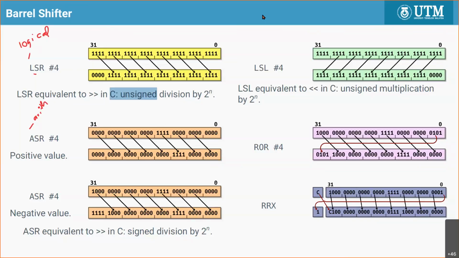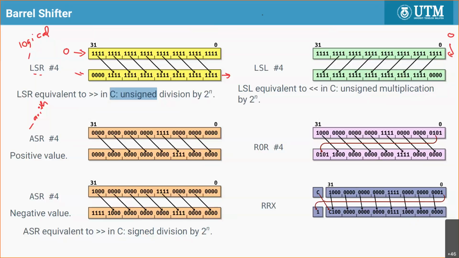When you see LSR, we always put in 0 from the left. When you have the keyword logical, we put 0 on the other side. If you do logical shift right 4 bits, all the bits will be shifted to the right 4 times, and 0 will be shifted in to the left. The last bit ejected will be in carry.